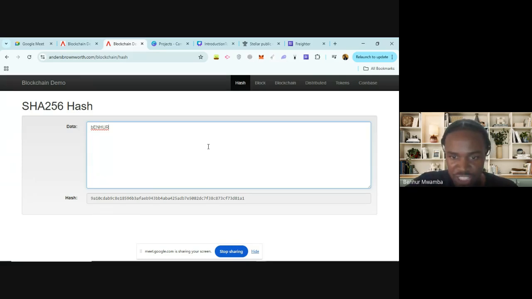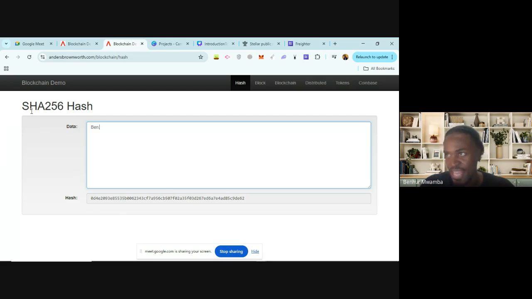You see the hash changed. I can type Ben, and you see it starts with 030 and it ends with F4. Let me make a simple change. Let me just type a full stop, and you see that the hash totally changed.